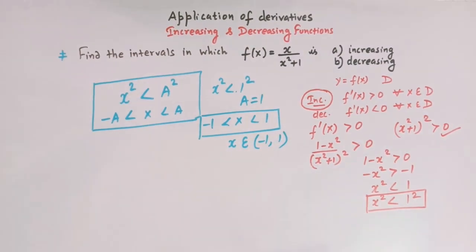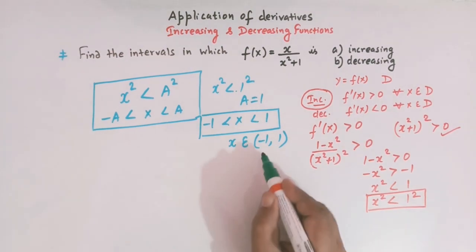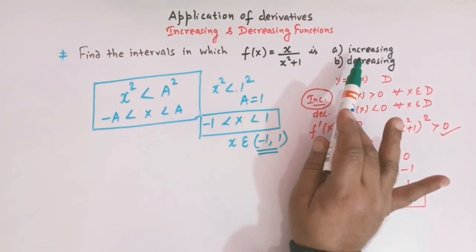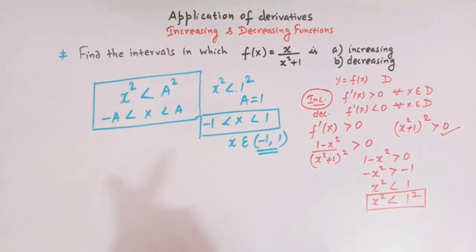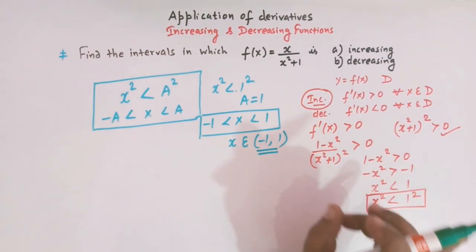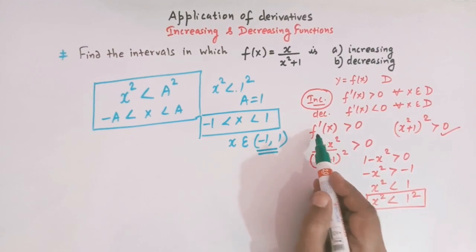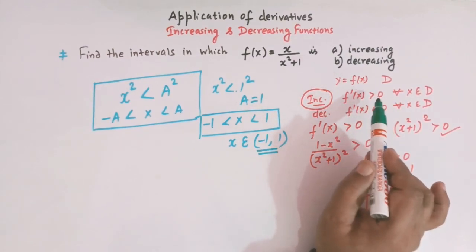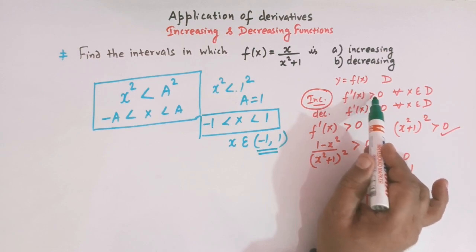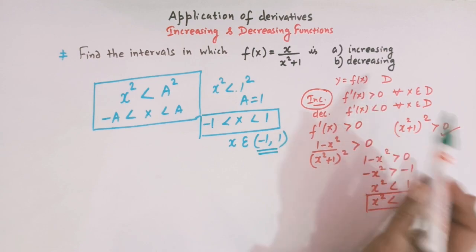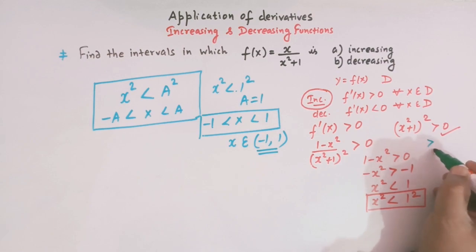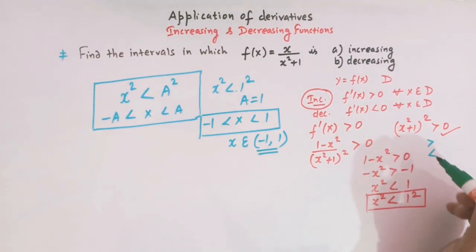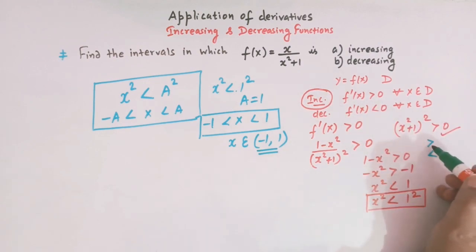Here I would like to mention one more important thing: in the definition of increasing and decreasing function, we have taken the inequality that is either greater than or less than, so we have not taken the equality sign, right?